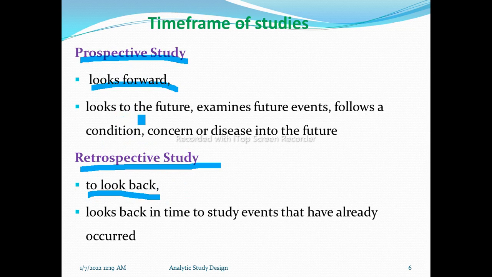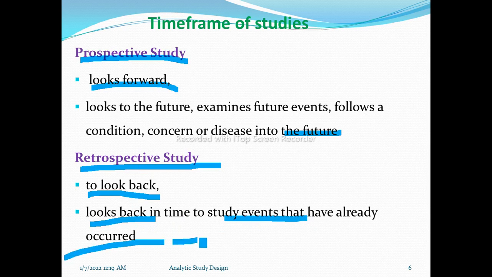Prospective study looks to the future, examines future events, follows a condition, concern or disease into the future. So a prospective study, by getting some conditions, will follow them for some duration or period of time into the future, while a retrospective study looks back in time to study events that have already occurred.